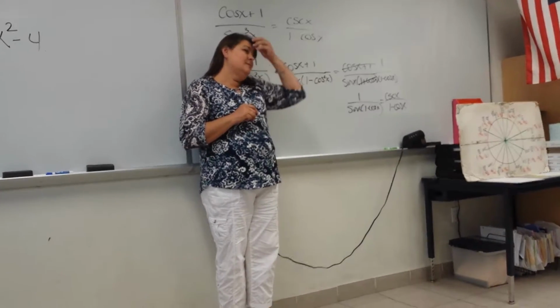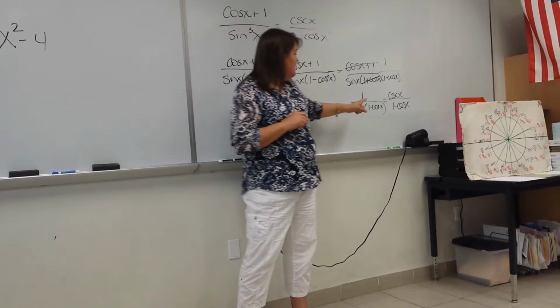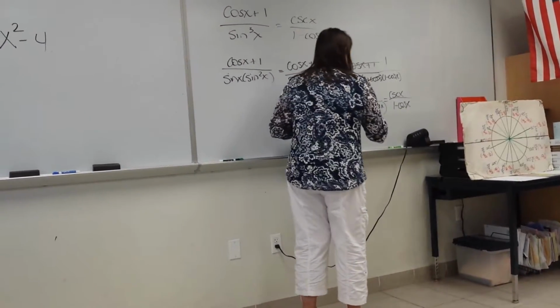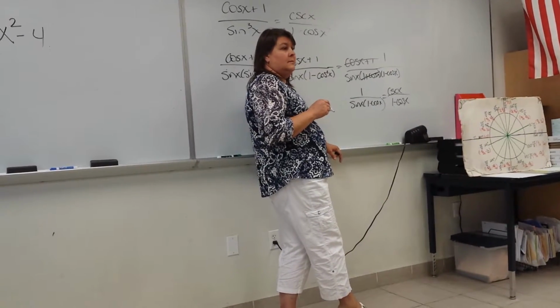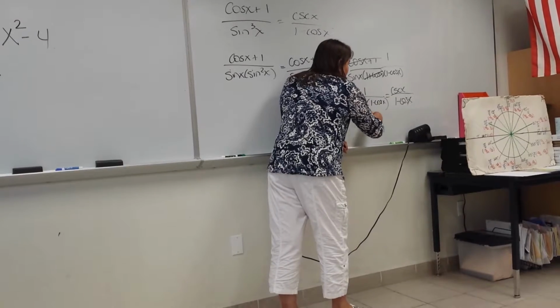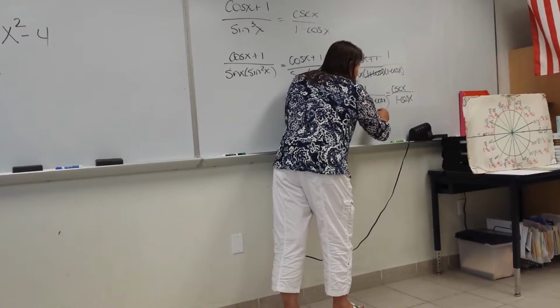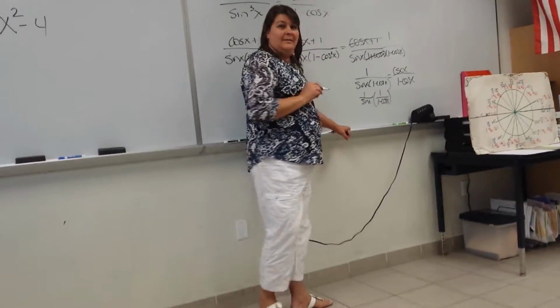I'm confused on how you got that. How did you flip it up? You know how you inverse something when you flip it? Look at it like this: 1 over sine times 1 over 1 minus cosine. You just split up the fraction.